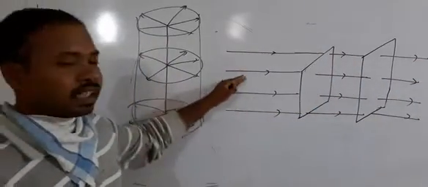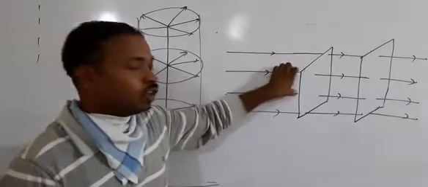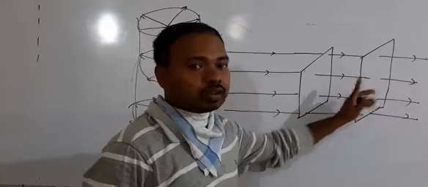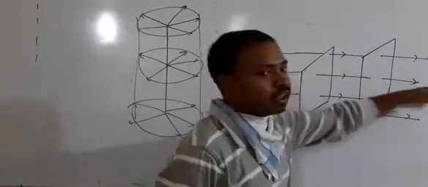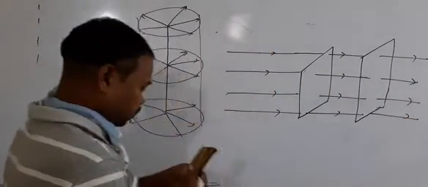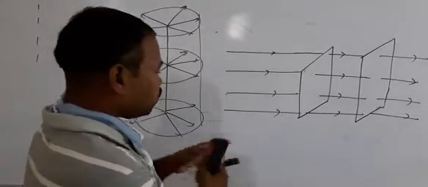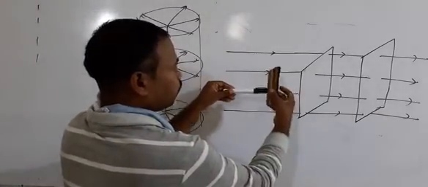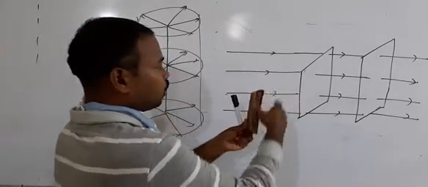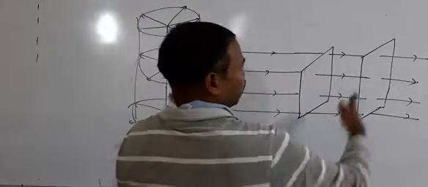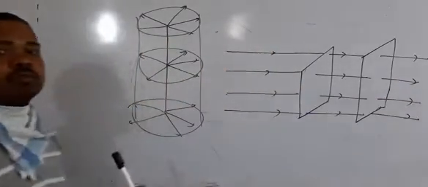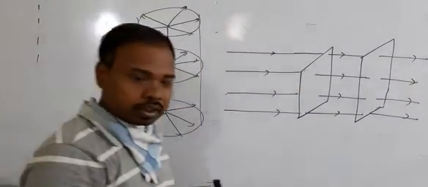So if light is parallel or the source is at infinity, then the wavefronts are parallel to each other as well as perpendicular to the direction of propagation of light. That means the direction of propagation of light, and the wavefronts are like this, perpendicular. This is one plane, another plane, like this. Several planes are there. The planes are parallel, but perpendicular to the direction of propagation of light.